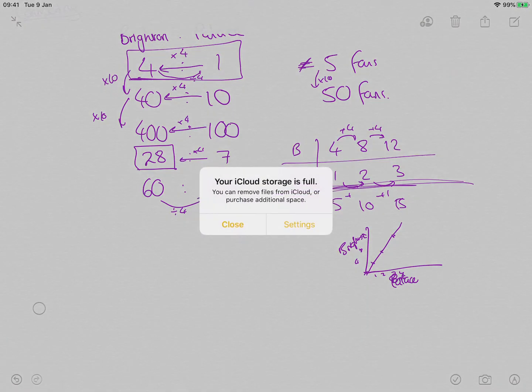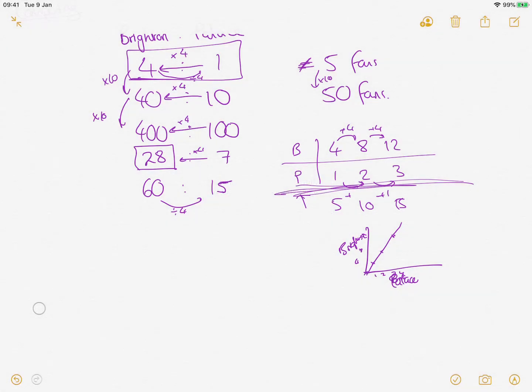And another way, which we've seen in solving equations before, is you can see a bar model. So all I need to do is refer to this ratio here. So 4 to 1. So I'm going to draw 4 boxes, and then my Brighton fans, and then 1 box for my Palace fan, and then all these boxes are worth the same amount.